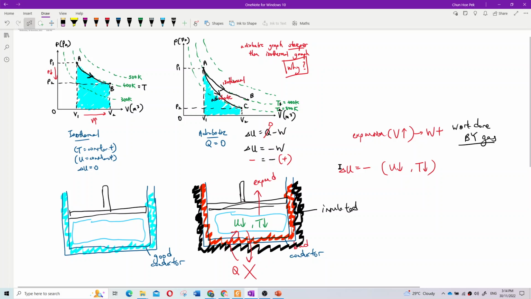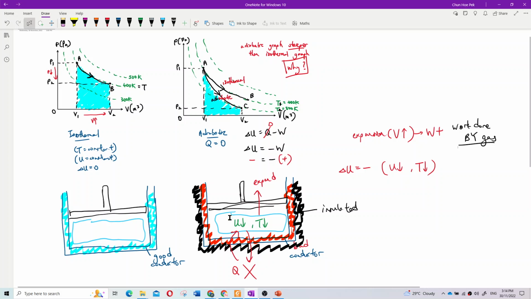Yes. So gas doesn't get any energy from outside because it's insulated. No heat from outside goes into the gas. But the gas has to do work. The gas has to push the piston up. So where does the gas get energy to do the work?